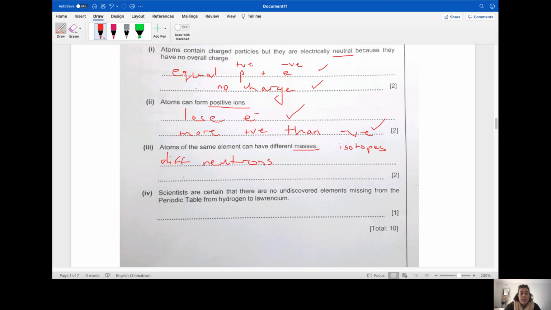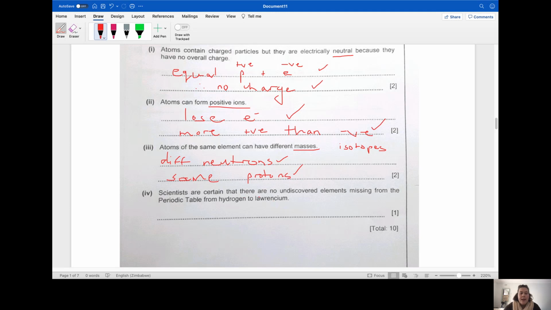They can have different neutrons, but still the same number of protons. You have to have the same number of protons, otherwise you are a different element. Okay, so the same protons for your 2 marks. Different neutrons will give you the different mass. The same number of protons will mean that you are the same element.